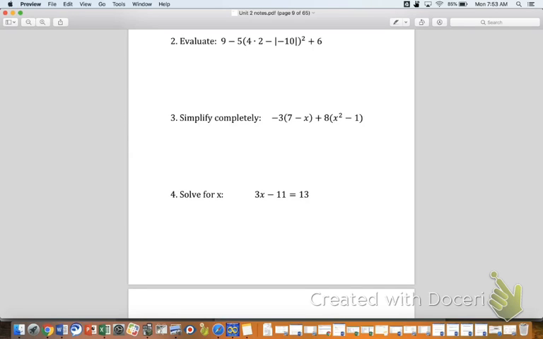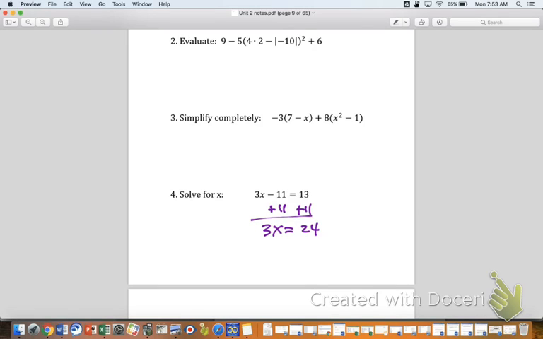Should I get rid of the 3 or the minus 11 first? Minus 11. We're always going to try to get rid of that addition first once we're simplified here, and we are. So it'd be plus 11. And make sure you make note that you're adding that 11 to both sides, not just one side, but both sides. All right, so then when I do that, I get 3x is equal to 13 plus 11 is 24.